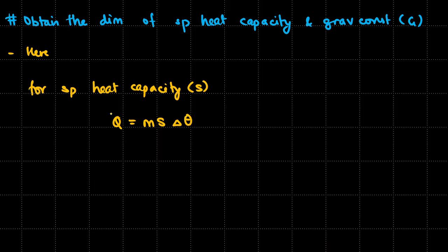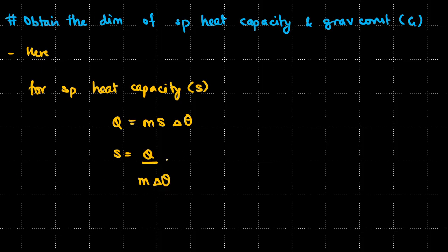So this is the heat generated or heat gained or heat lost. This is heat energy, mass, specific heat capacity, and change in temperature. So that means S will be Q by m delta theta.